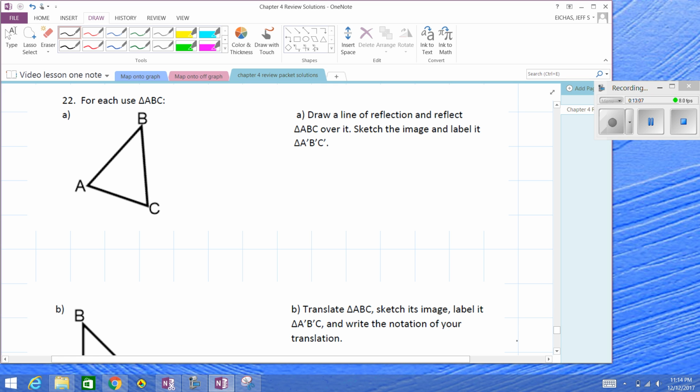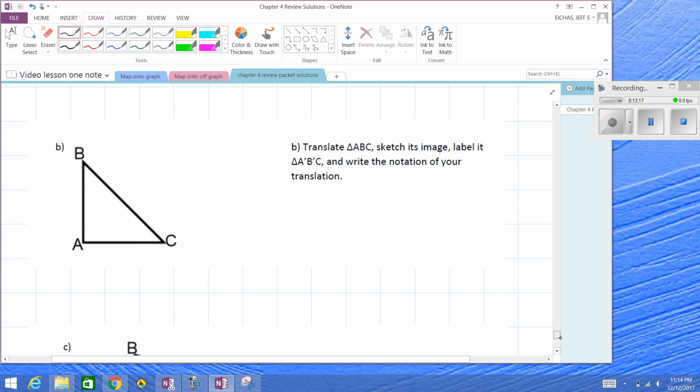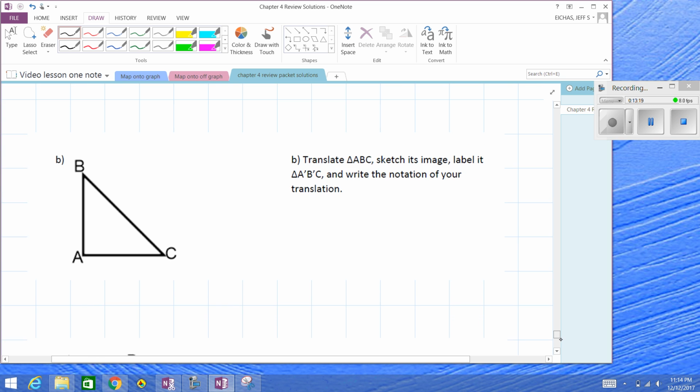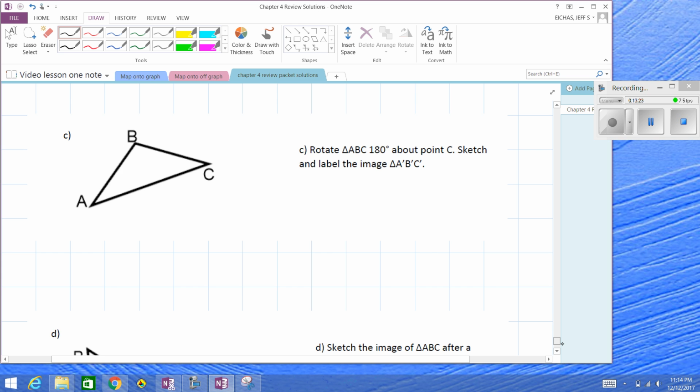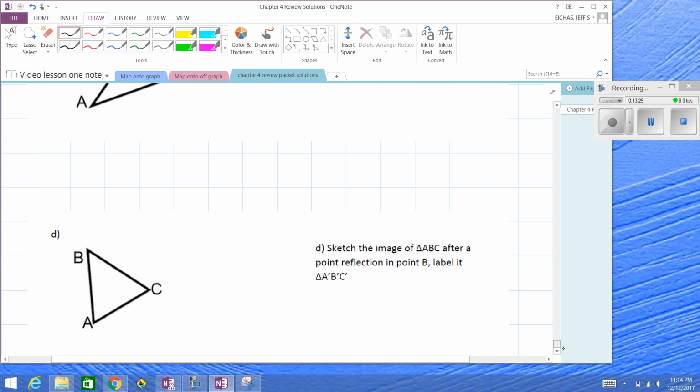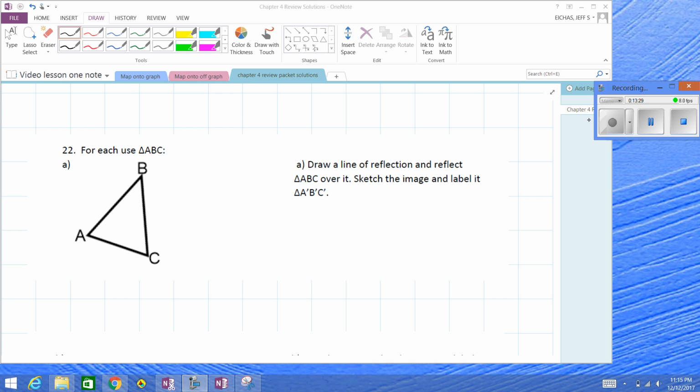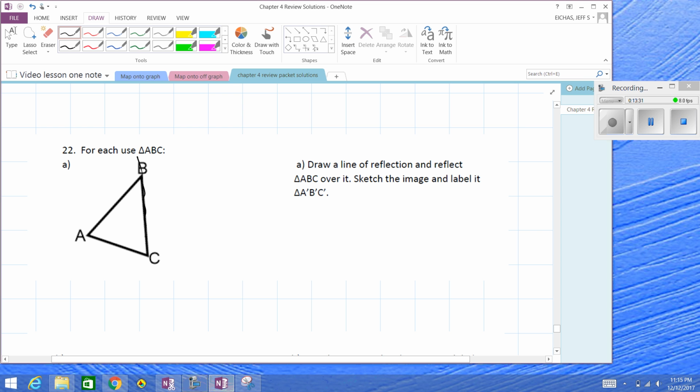Let's draw a line of reflection. Okay. All right, if they're not telling me what to reflect over, let me just reflect over line BC.